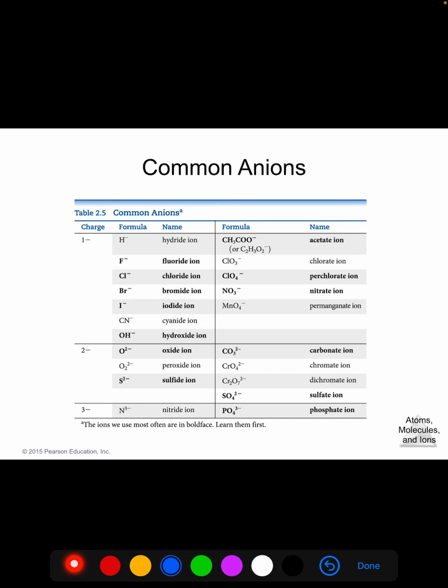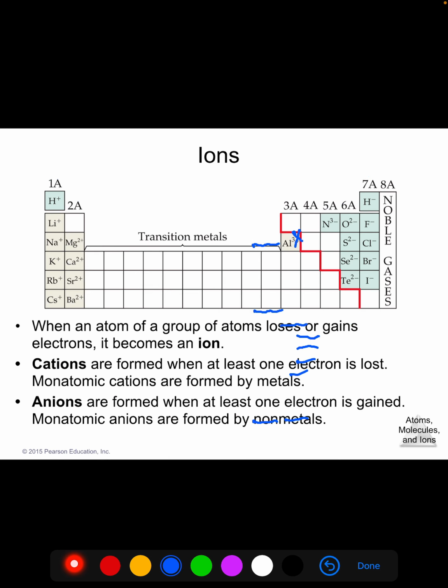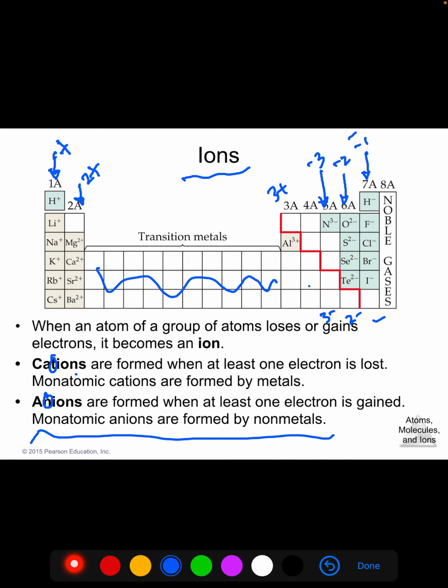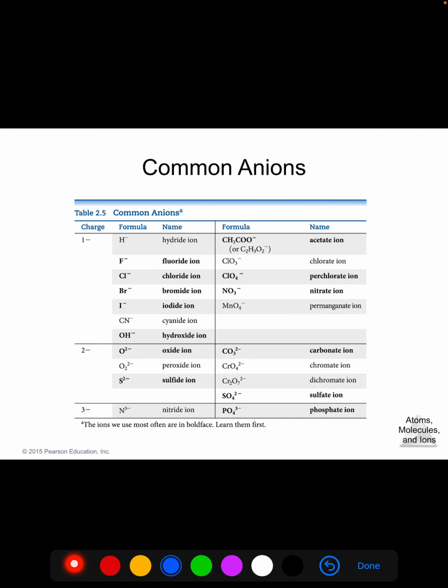The anions, and there was one I left off before, are the negative ones. If you look back, you'll see that the group 7 halogens always form a -1 ion, or for our purposes, always form a -1 ion.